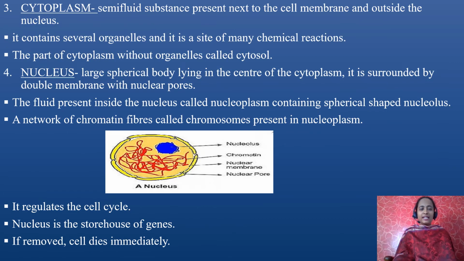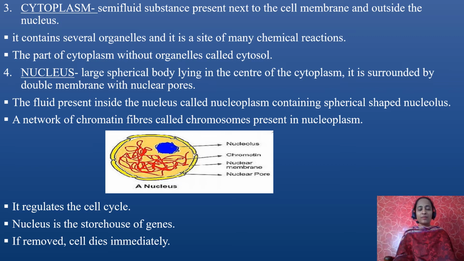Cytoplasm. It is a semi-fluid, jelly-like substance present between the cell membrane and the outer layer of the nucleus. It contains several membrane-bound organelles, which are suspended in the cytoplasm, and it is the site of many chemical reactions.